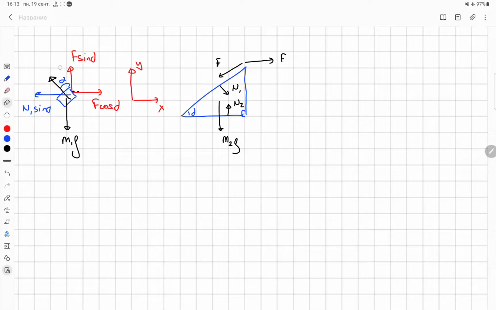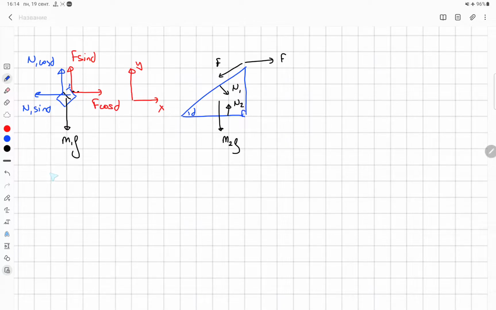Upward we will have N1 times cosine alpha. And we know that this object will move roughly in this direction. Yes? So in the horizontal direction it will move to the right. It means F cosine alpha is larger than N1 times sine alpha.